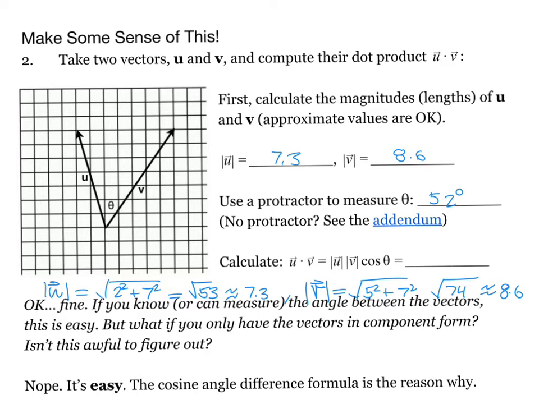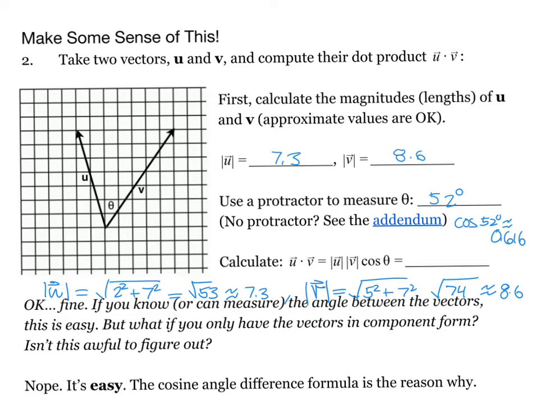I need to know the cosine of theta. So the cosine of 52 degrees is about, let's see, I go to my calculator, 52 degrees, take the cosine, 0.616, about.